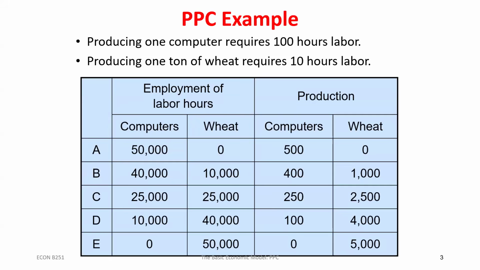I chose labor hours here. It could be I'm not using all of my available iron, some raw material. But for any resource I'm looking at, I'm not using all of it. So any point below that production possibilities curve, we say an economy there is being production inefficient. They're letting resources go to waste.